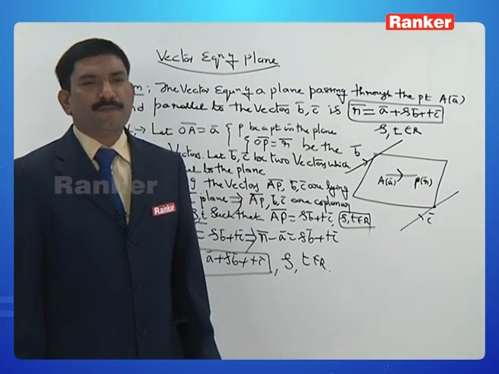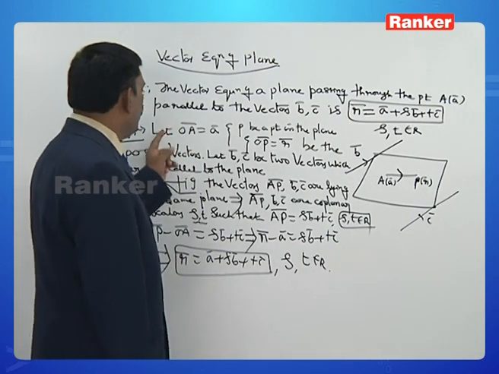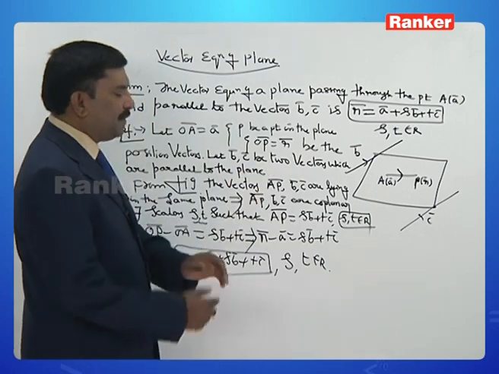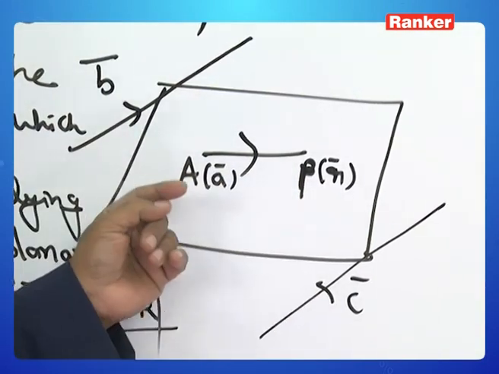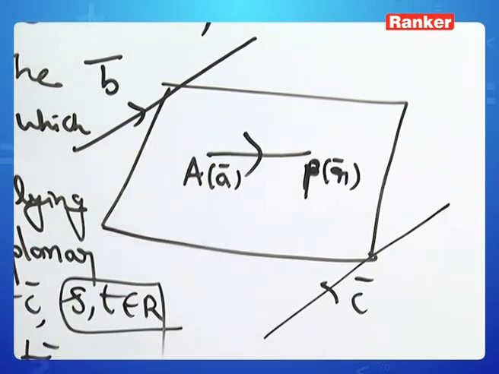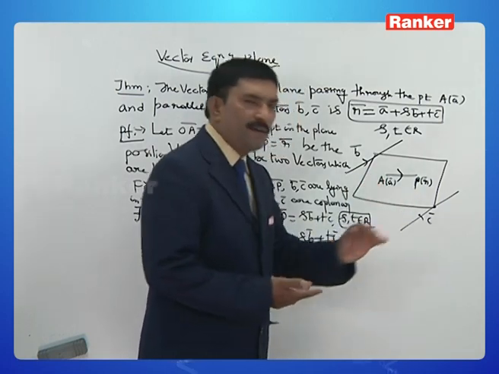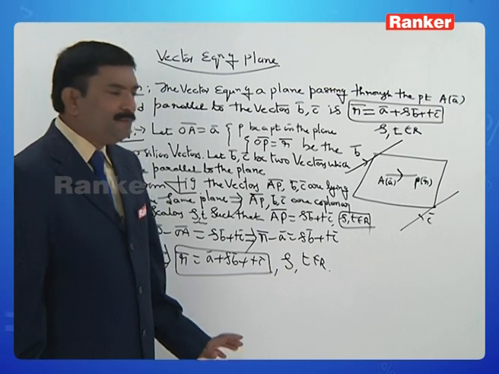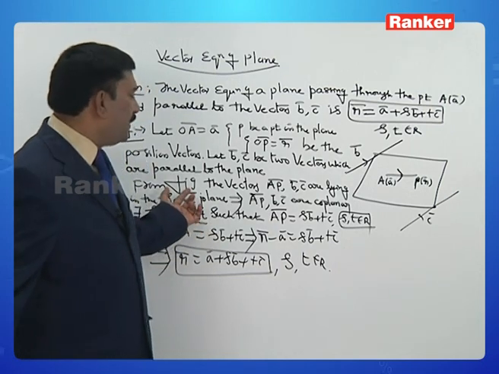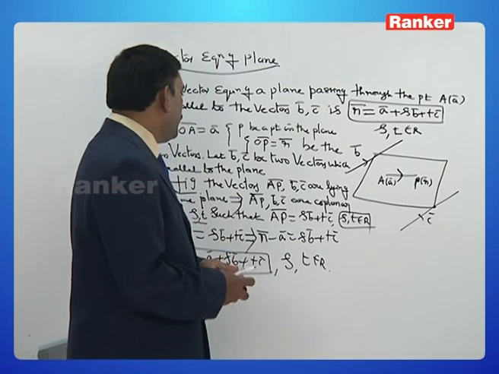Let us see how I interpreted it. Let A of A bar and P of R bar be the two points whose position vectors are A bar, B bar, C bar. This plane is parallel to B bar and C bar. Now, from the figure, what are the vectors?